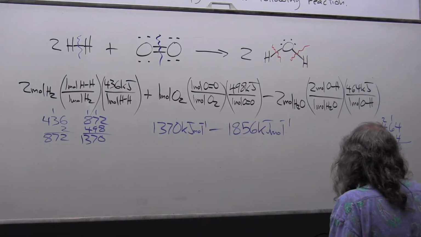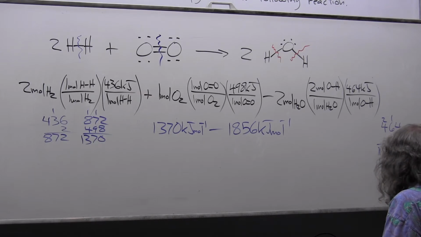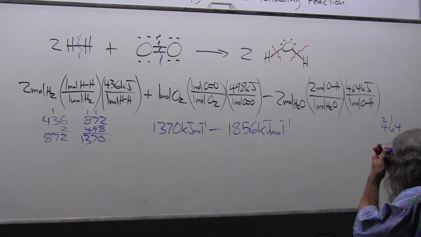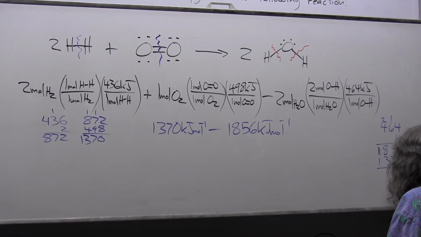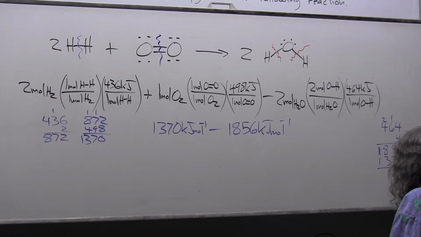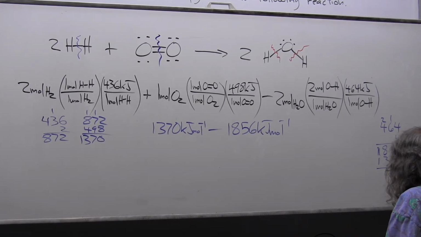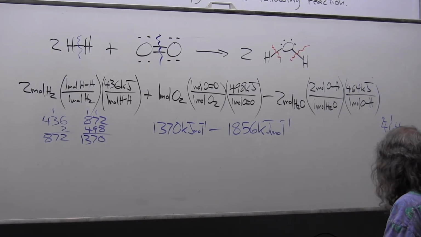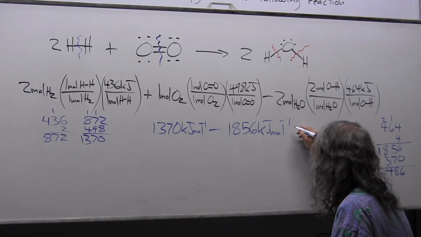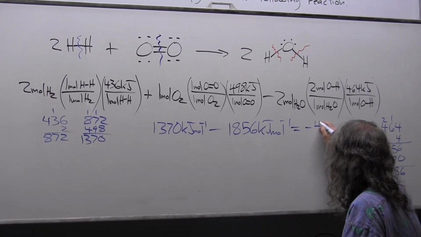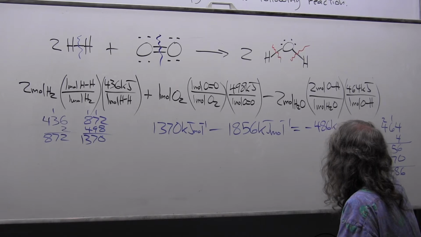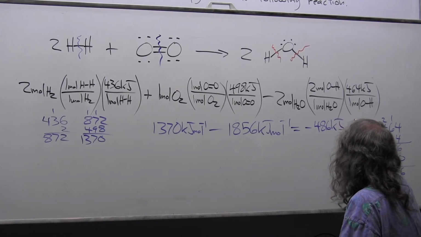Now I simply do the math. 1370 minus 1856 is 486, and it's going to be negative. So this is equal to minus 486 kilojoules per mole.